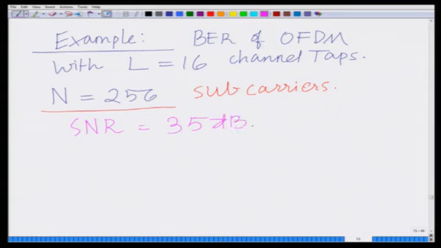The dB SNR is 35 dB, which is basically P by sigma square. And my question is, for this system, what is the bit error rate?